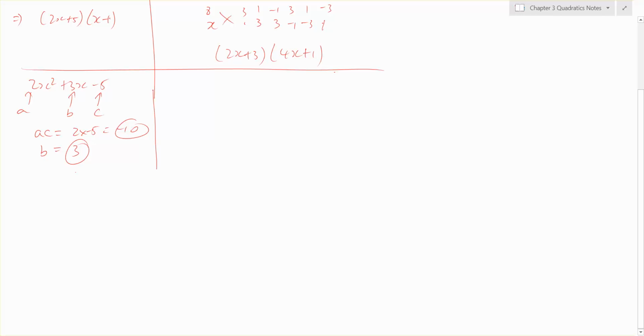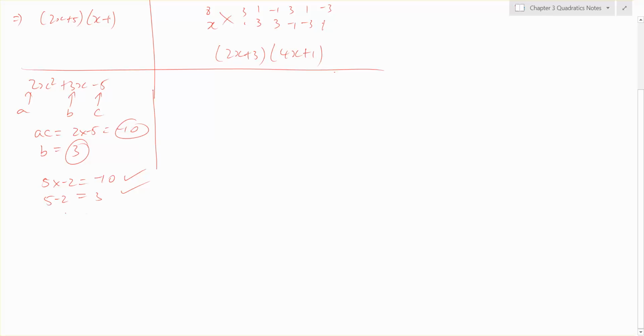So we want two numbers that multiply together to give you -10, but add together to give you 3. Our only options are -5 and 5, or 2 and -2. So +5 and -2 give you -10, but add together to give you 3. So that's correct.